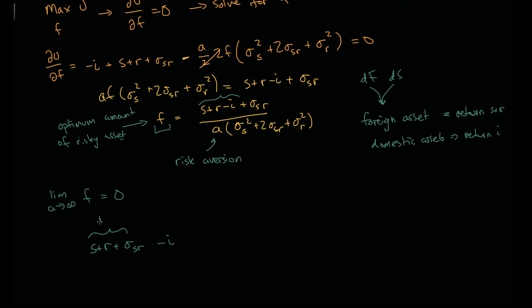It's like when we look at CAPM or something, this is going to be your RM, and then your I is going to be your RF, and that's your riskless rate of return.